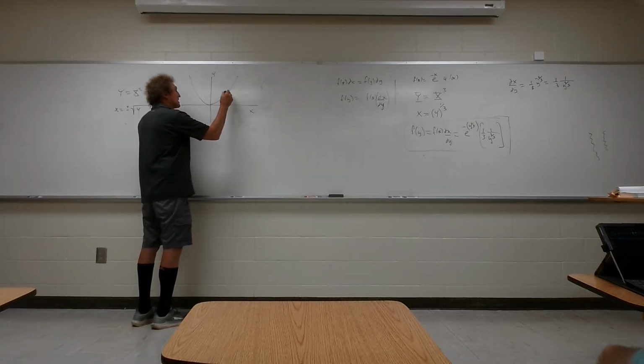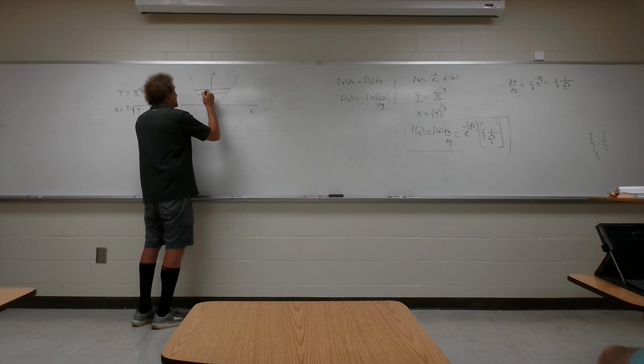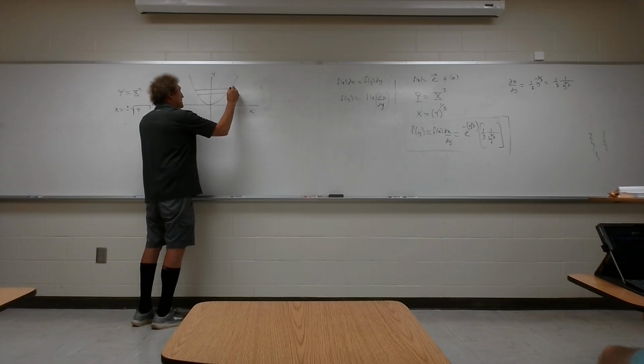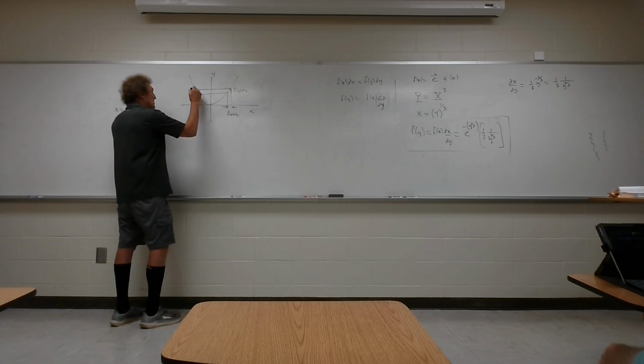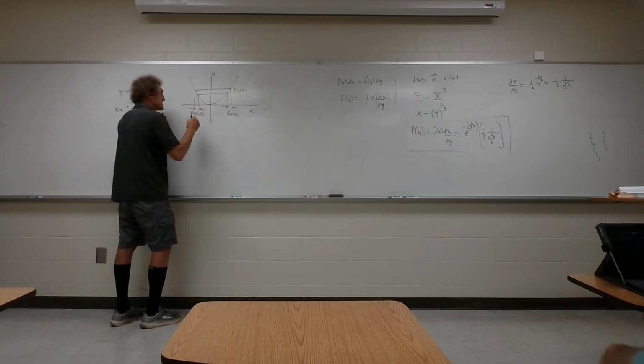If you take a look right here, the probability that you have f of y dy is associated with the probability you have f of x dx, but also here you would have f of x dx associated with that.